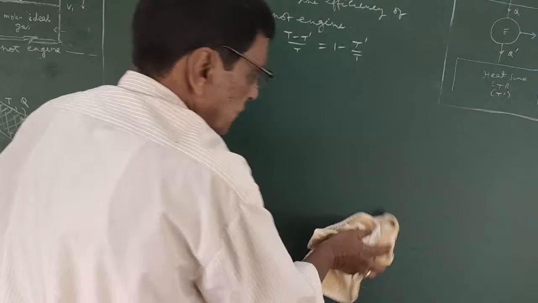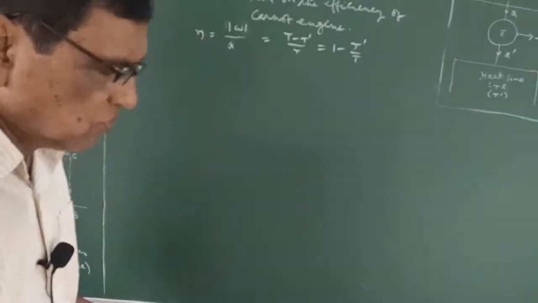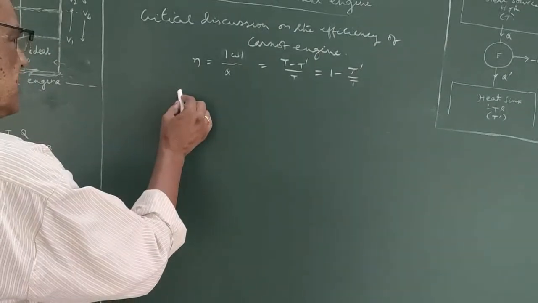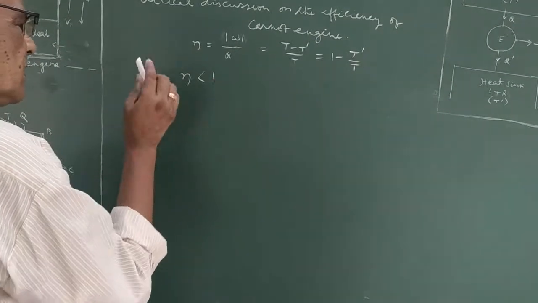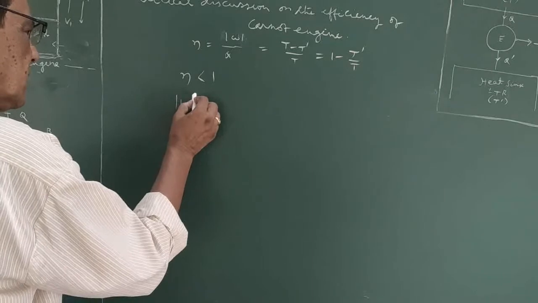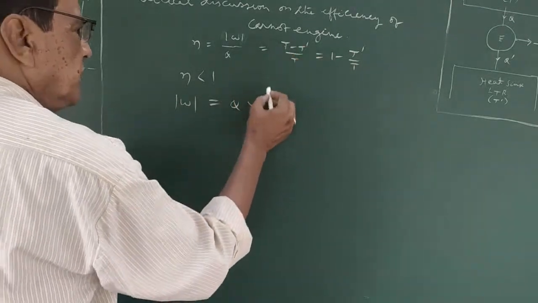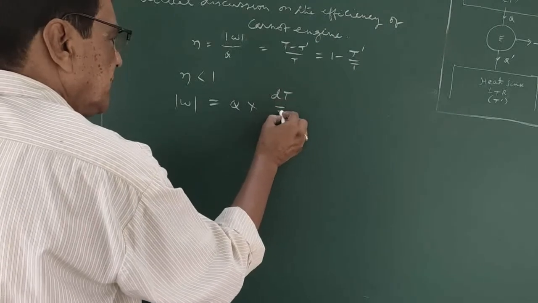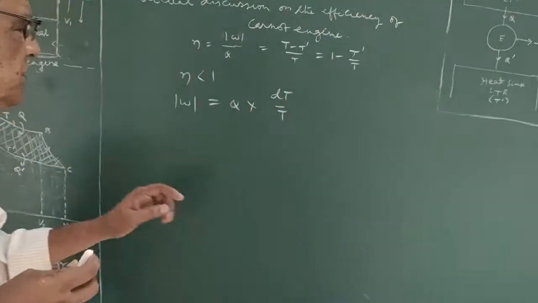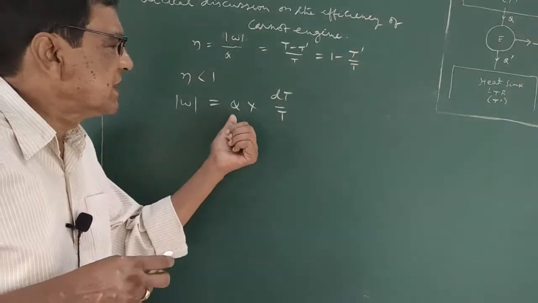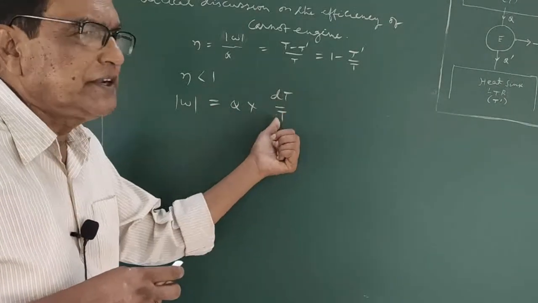Now all of us know that efficiency is always less than 1, and so the work available equals Q into dT by T. So the work done by this engine is the heat supplied into dT by T fraction.